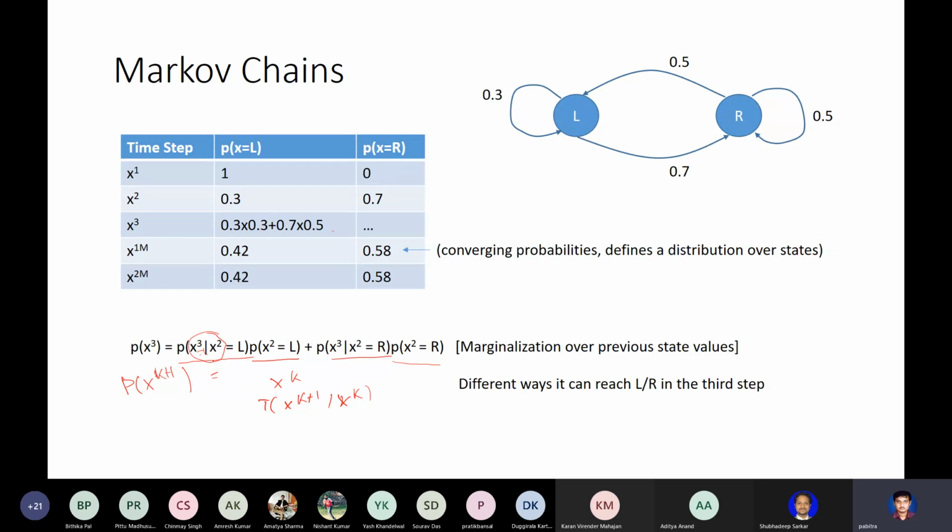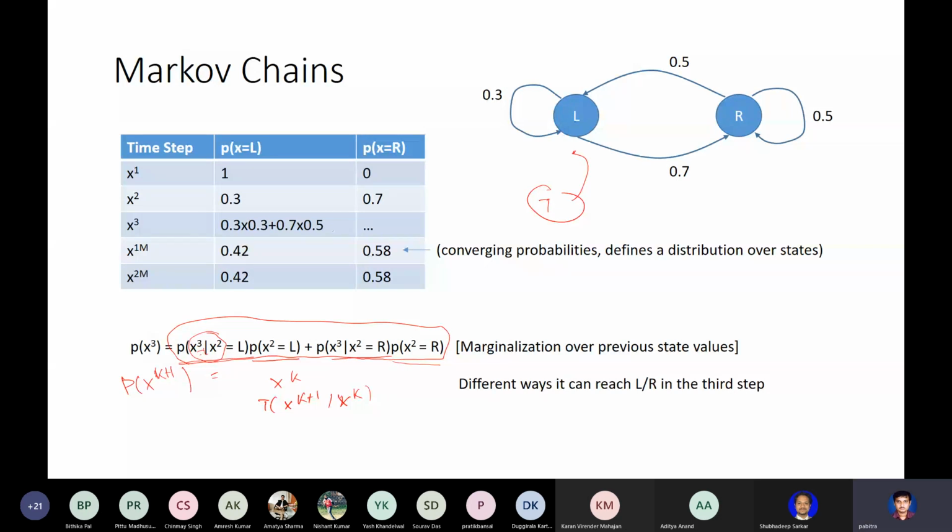So at every step, this calculation will have only these two marginalization terms in this case. If there were other states from which we could come, there would be another term here, so the marginalization terms would increase. But you need not go back in time. You only need to go back one step in time. So at every step, I can keep on calculating these probabilities.